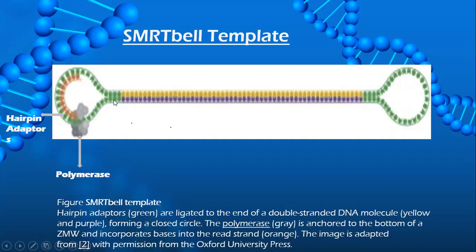These adapters that are green form a closed circle, and the gray structure is the polymerase. As I said before, it's anchored to the ZMW, and the polymerase then incorporates the bases into the read strand, that can be seen here as orange.